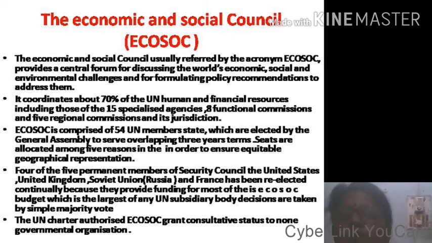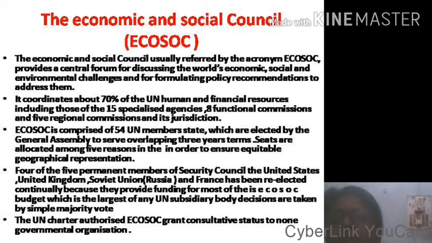ECOSOC. It provides a forum for discussing the world's economic, social, and environmental challenges and formulating policy recommendations to address them. The Economic and Social Council is the principal body for coordinating policy review, policy dialogue, and recommendations on economic, social, and environmental issues, as well as implementation of internationally agreed development goals.